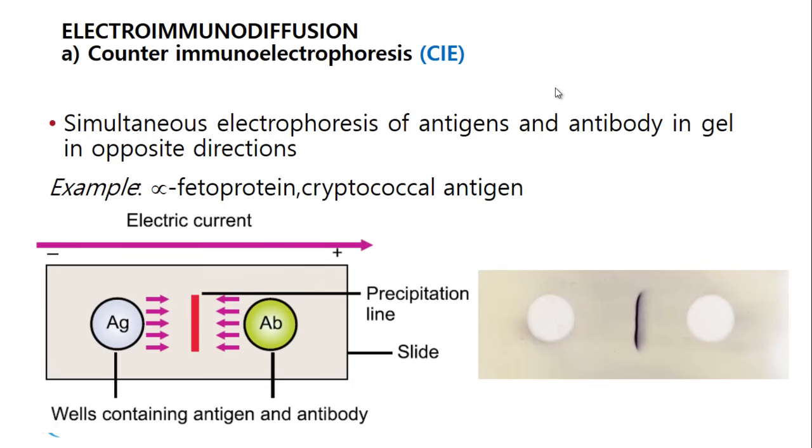In one well we put antigen, and in another well exactly opposite to it we put the antibody solution, and while they are moving towards each other, we simultaneously do electrophoresis. This is known as counter current immunoelectrophoresis. It is used to detect alpha fetoprotein and cryptococcal antigen.